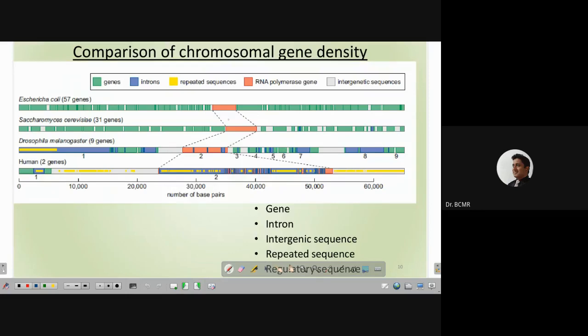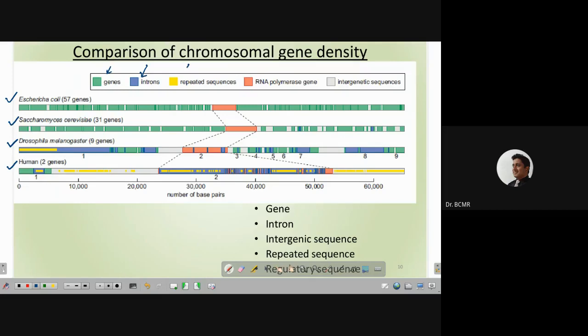Here is a comparison of chromosomal gene density for E. coli, yeast, Drosophila, that is the fly, and then humans. The green ones show the genes, the actual genes that code. And I hope you know from your last year course in biology for engineers what introns are.